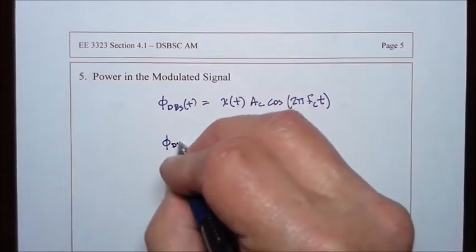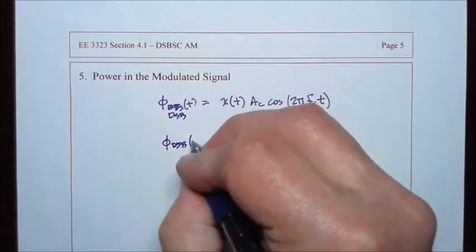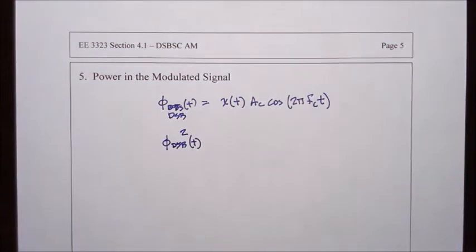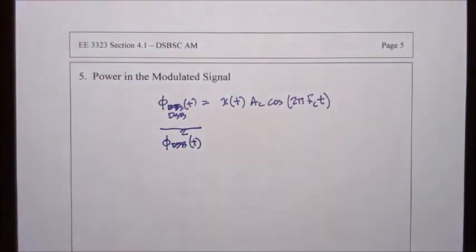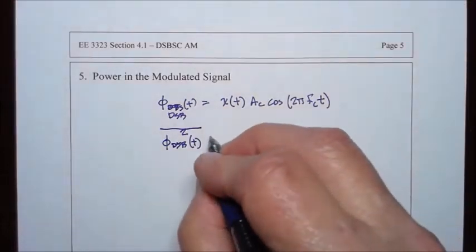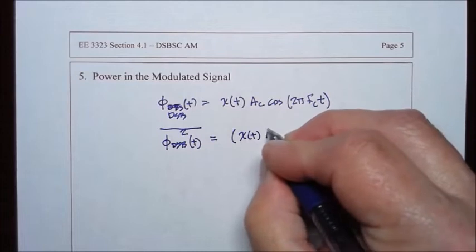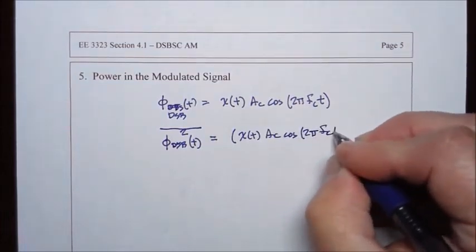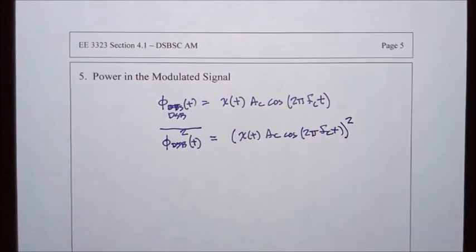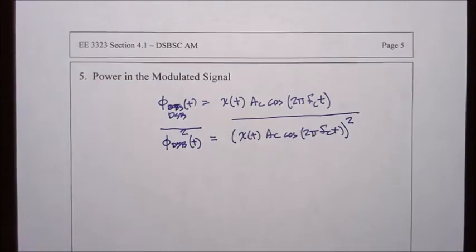So if we square the time signal and then take the time average, that will give us the average power. So we're going to take x of t times AC cosine 2 pi fct, square that signal, and then take the average power.